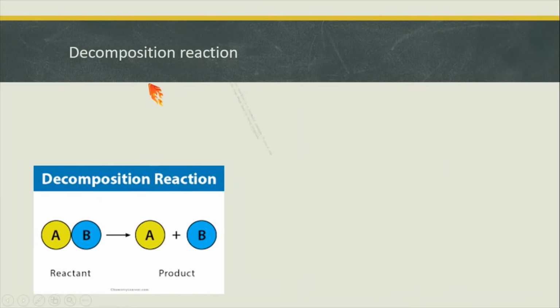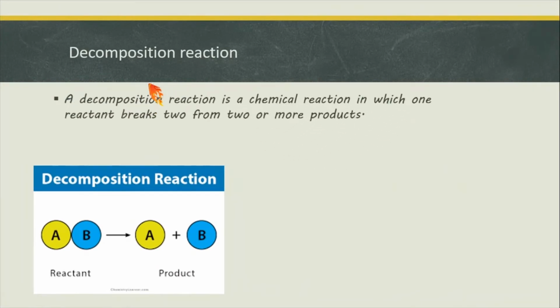So, decomposition reaction. A decomposition reaction is a reaction in which one reactant breaks into two or more products. So it's basically the opposite or converse of combination reactions, which are also known as synthesis reactions.